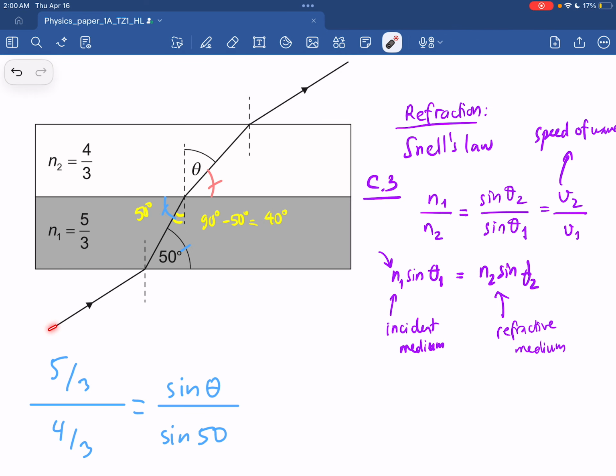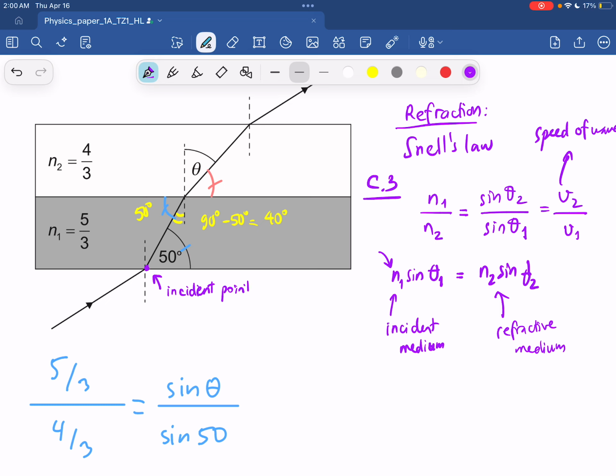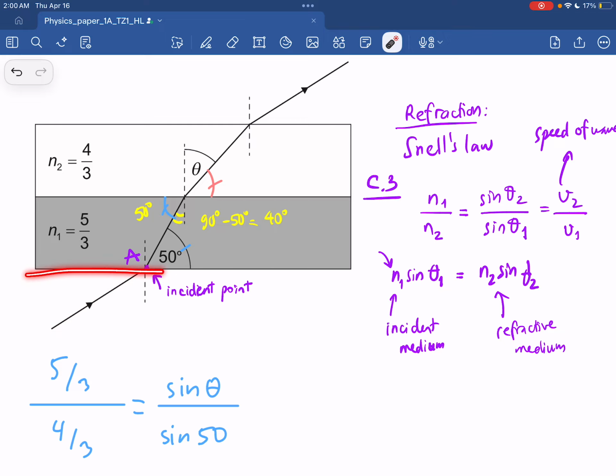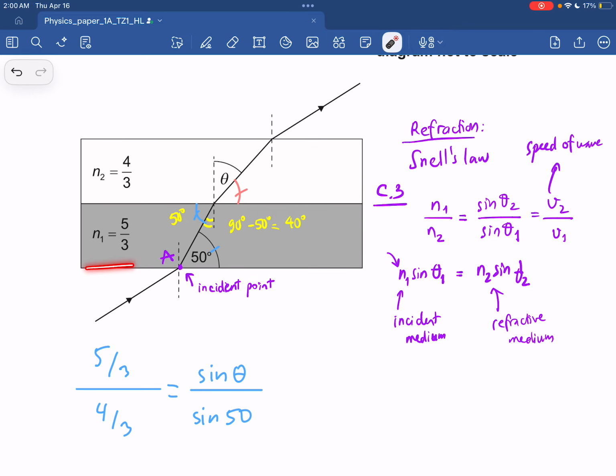So when the light ray travels like this, at each incident point, let's call this one the first incident point, and name it A. At the first incident point, the interface between the medium with this refractive index and the vacuum, you can see the angle theta 1 is defined as the angle made with the normal line.